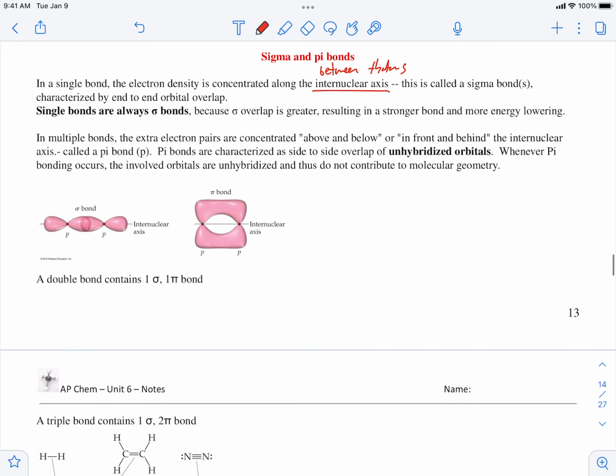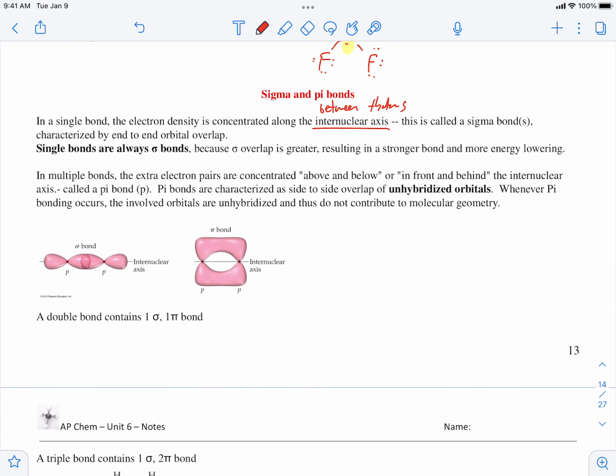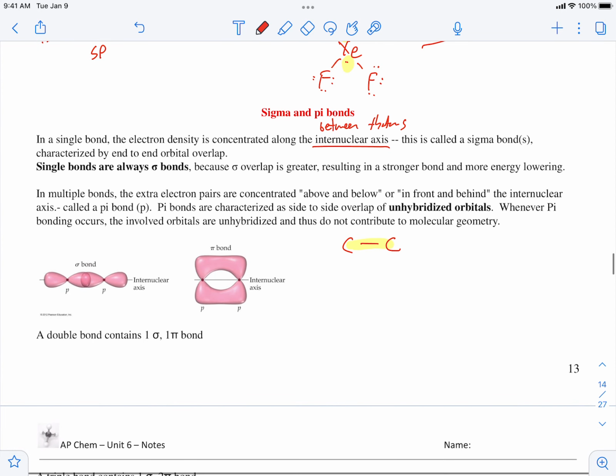So very simply, if I had a bond between 2 carbon atoms, and I said, where are the electrons in this bond? Well, of course, the electrons are going to be between the 2 atoms. That's the internuclear axis. This bond in that location is what we call a sigma bond.